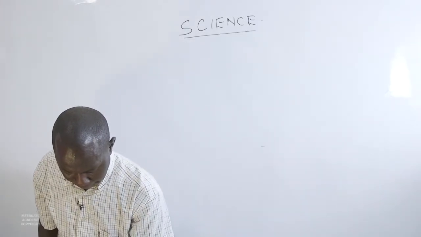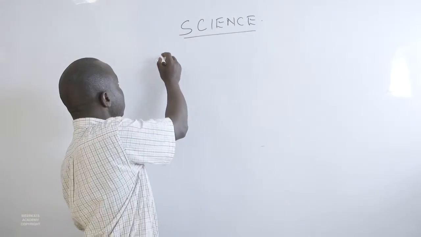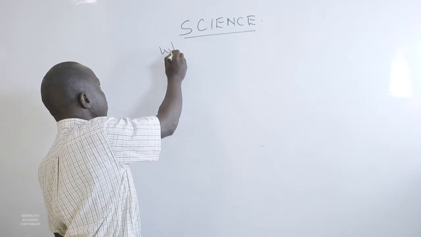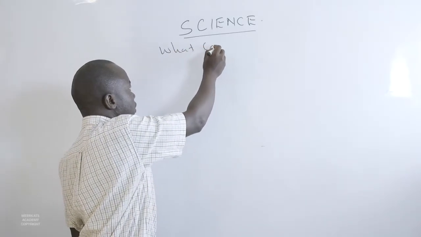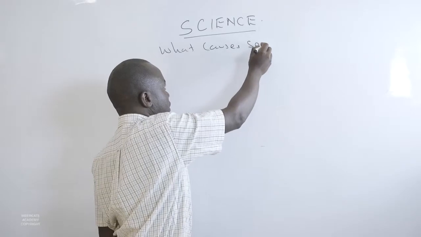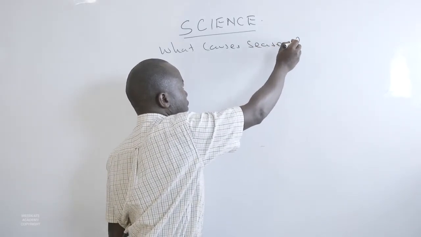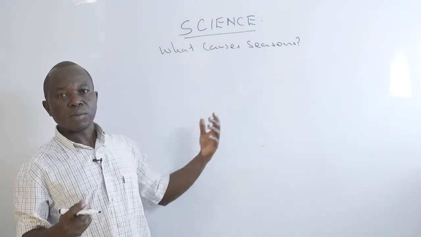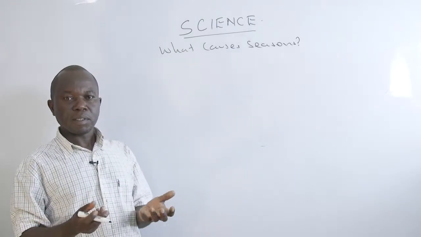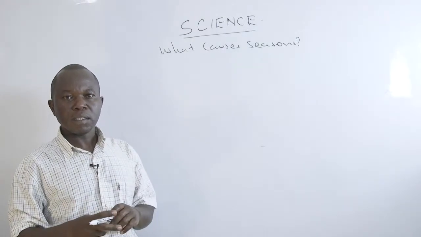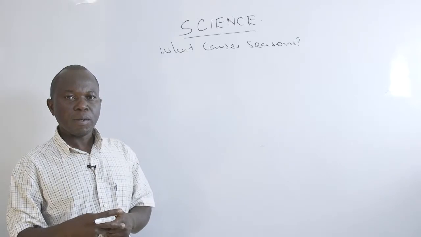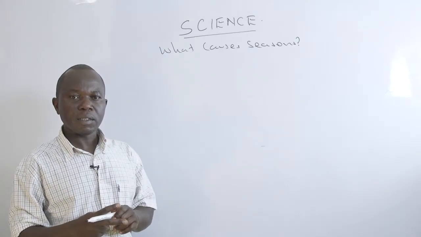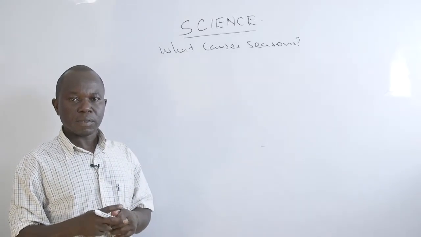The other part that we should also understand: what causes seasons? Seasons are also part of the environment. They lead to changes in the surrounding of an organism. We may have a very rainy season, a dry season.